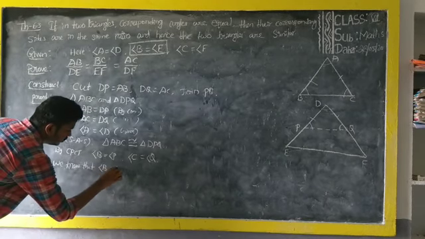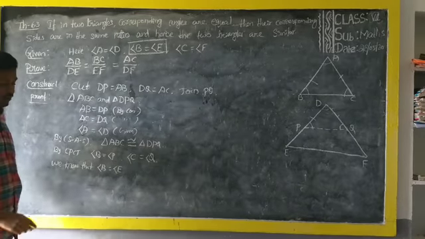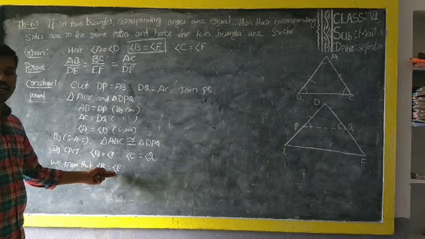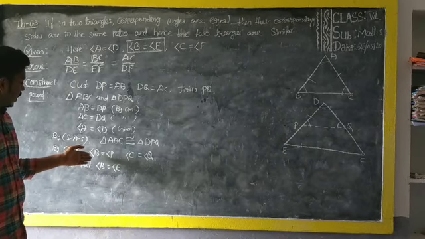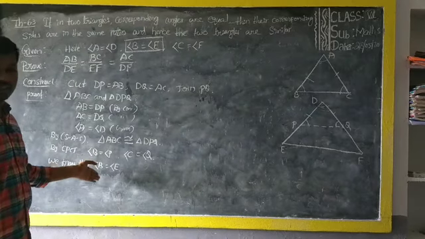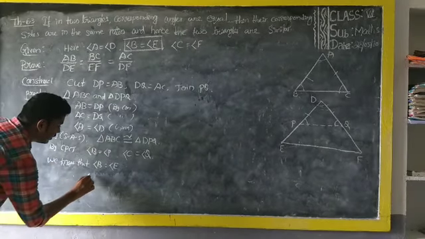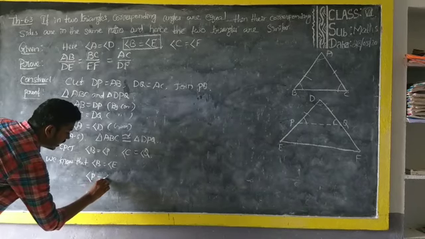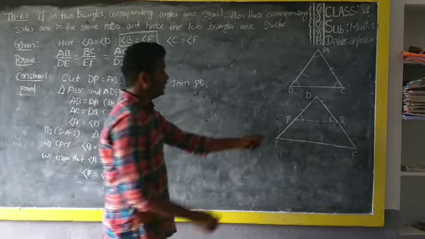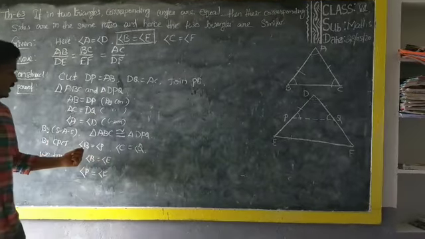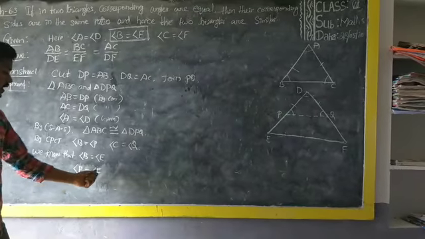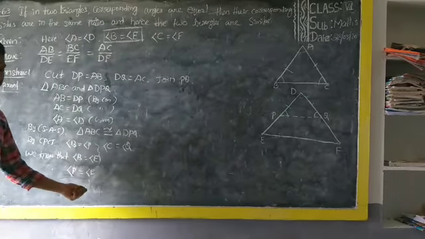If you compare, angle B equals angle P, and angle B equals angle E. So if you compare these two equations, I can conclude that angle P equals angle E. These two will be equal.